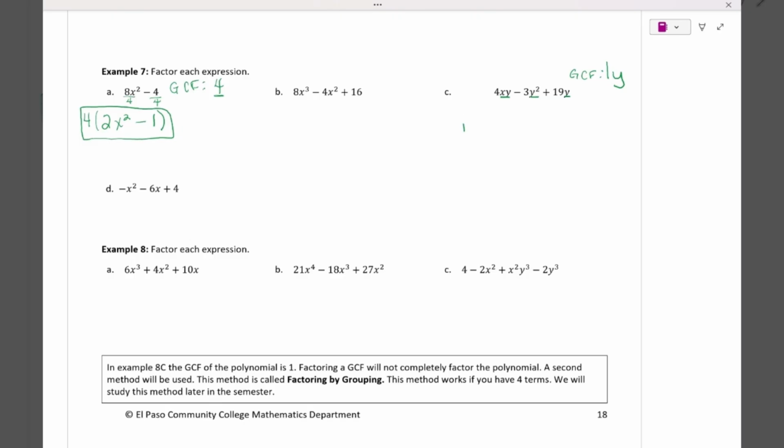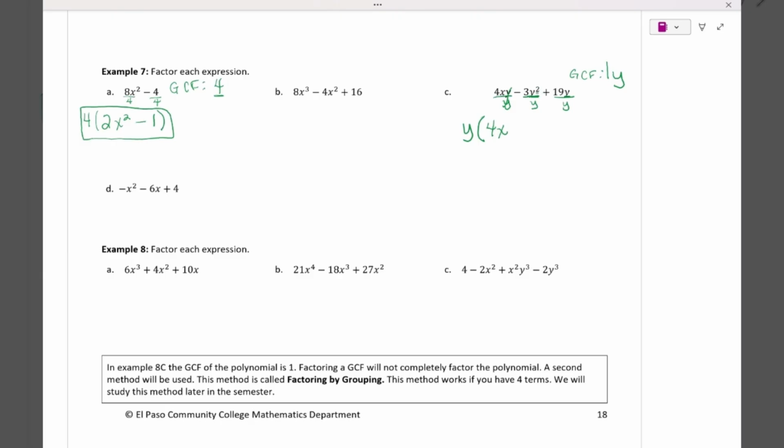Okay, so now I'm going to pull out the y, write that GCF, open parentheses, and I'm going to write what I get from dividing all of these by the y. Okay. So 4xy divided by y, well, those y terms cancel, leaves me 4x. 3y squared divided by y, well, one rule when we're dividing the same variables is to subtract their powers.